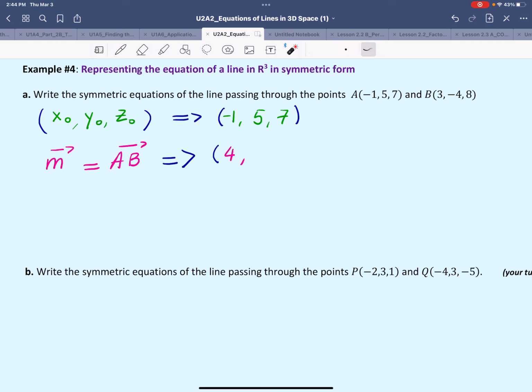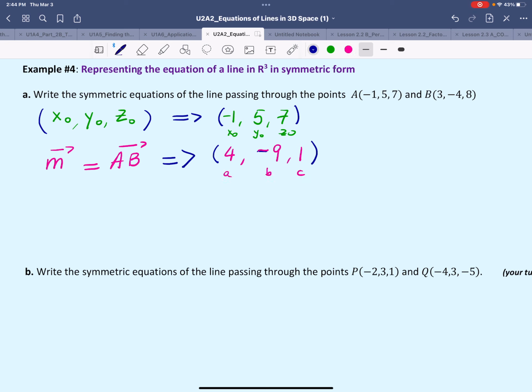Next, -4 minus 5, that's a -9. And next, we have the z coordinate, 8 minus 7, that's a 1. So there we go, we got the starting point and the direction vector, which means that we have x0, y0, z0, and we have a, b, and c.